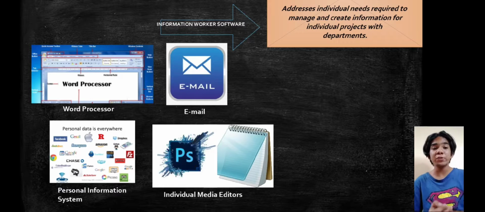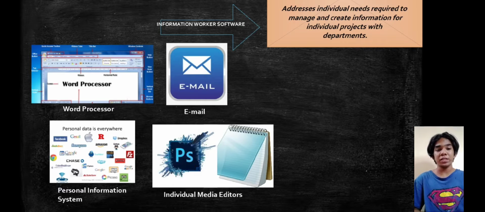The third one is information worker software. It addresses individual needs required to manage and create information for individual projects within departments. Some examples of individual needs are time management, resource management, analytical, collaborative, and documentation tools.